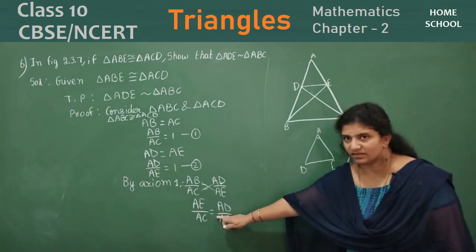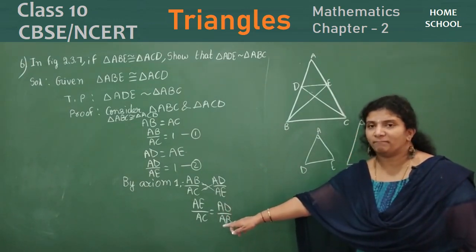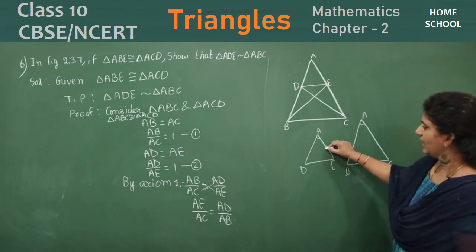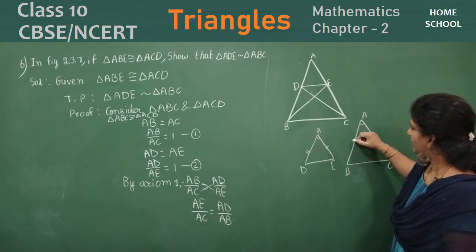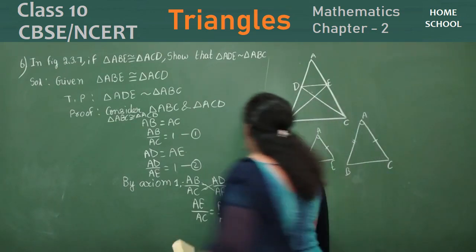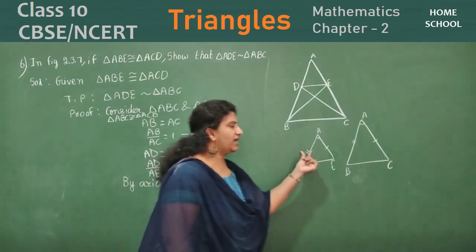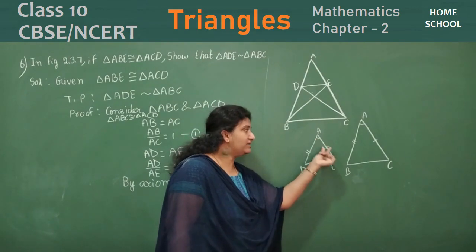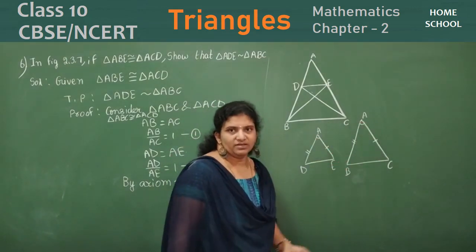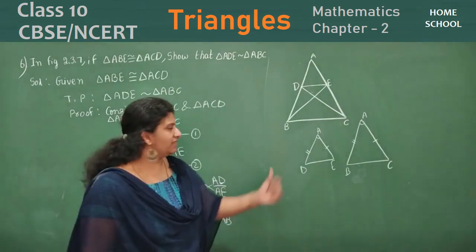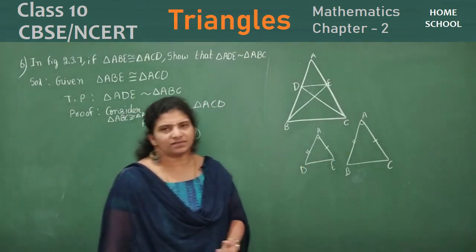And now observe the ratio AE by AC, AD by AB. By what can you say? Side, angle, side. Side, angle, side similarity criteria. These two triangles are similar.